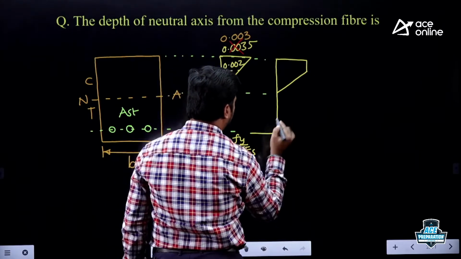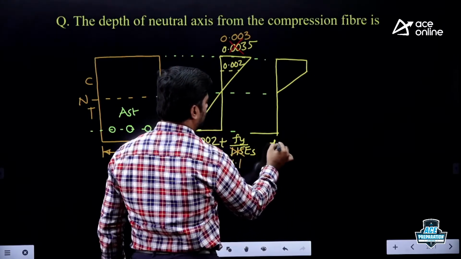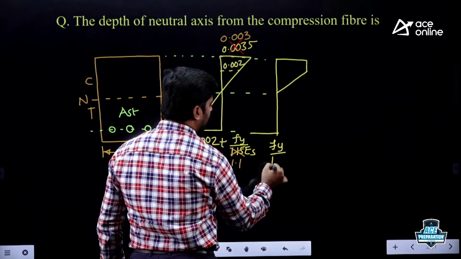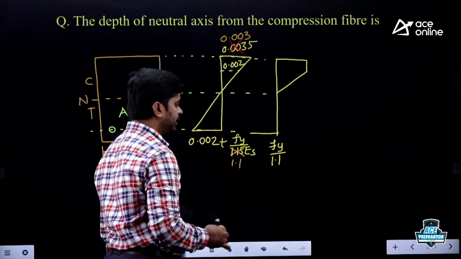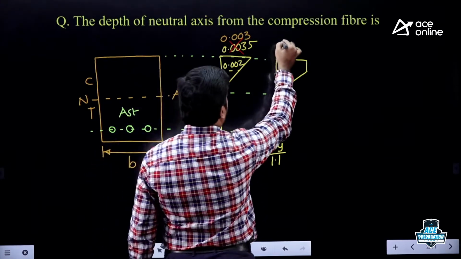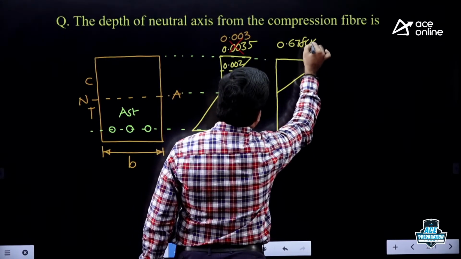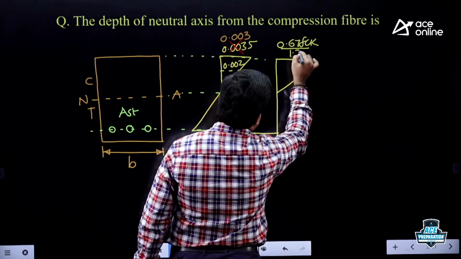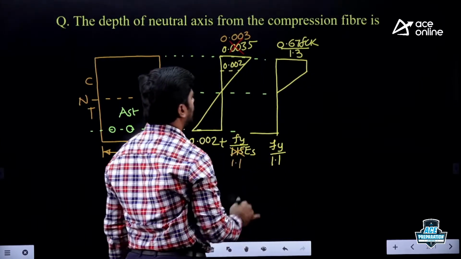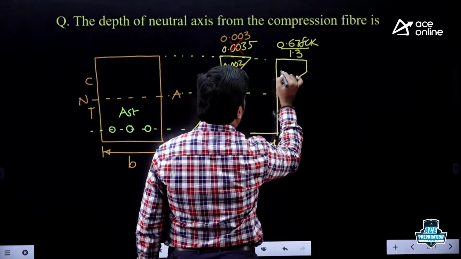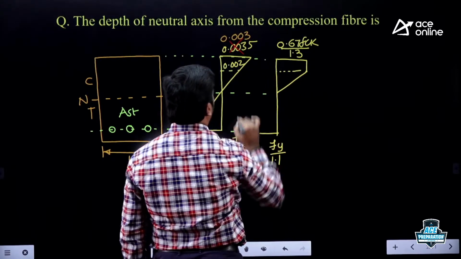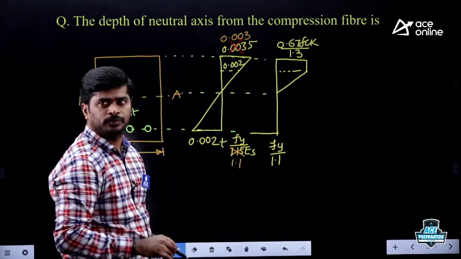And it is the design strength of steel. How do you get it? Fy upon 1.1. What is the design strength of concrete? It is 0.67 FCK upon partial safety factor 1.3. Right? It is a straight line up to a strain of 0.002.